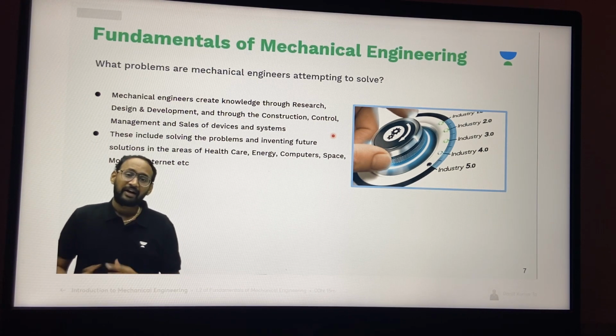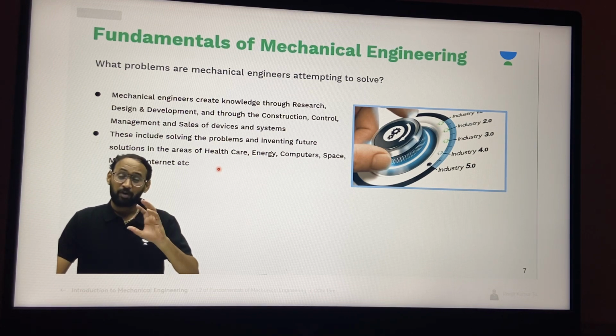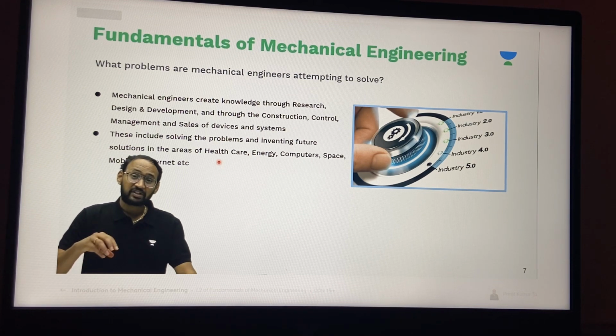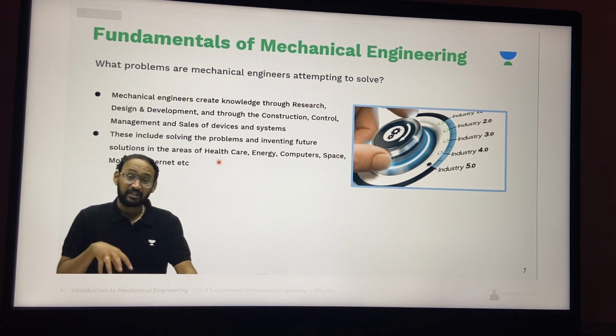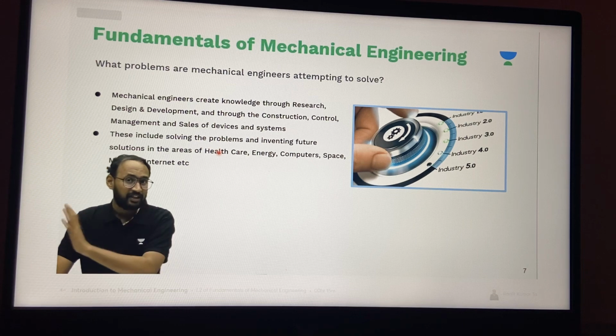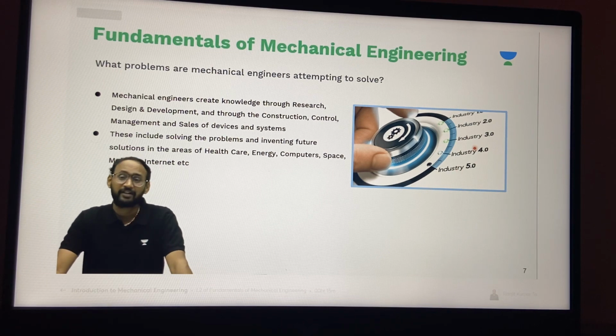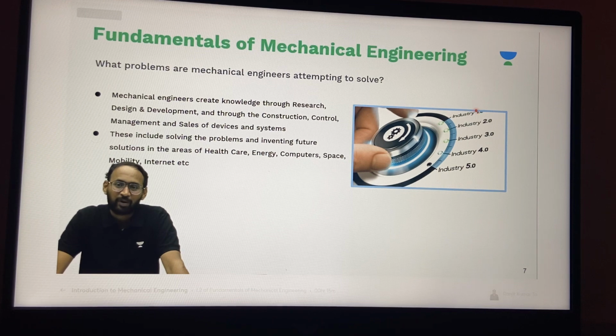As I also discussed in the previous topic, mechanical engineers are trying to solve a huge set of problems which are relevant to the present and even more relevant to the future, in domains starting from healthcare till the internet, right? If you see the picture here, we talk about Industry 1.0 till Industry 5.0.